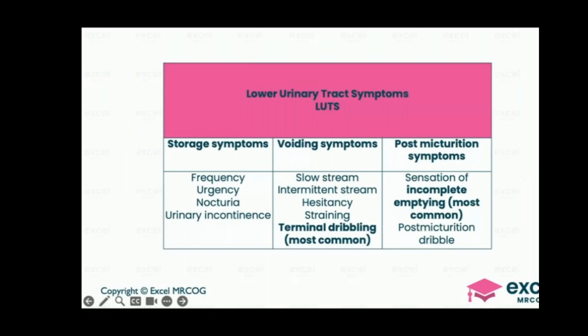What is important for us from the exam point of view is this first part here, the storage symptoms. Okay, so what are storage symptoms? Basically, we are looking at the capacity of the bladder to retain urine, right?